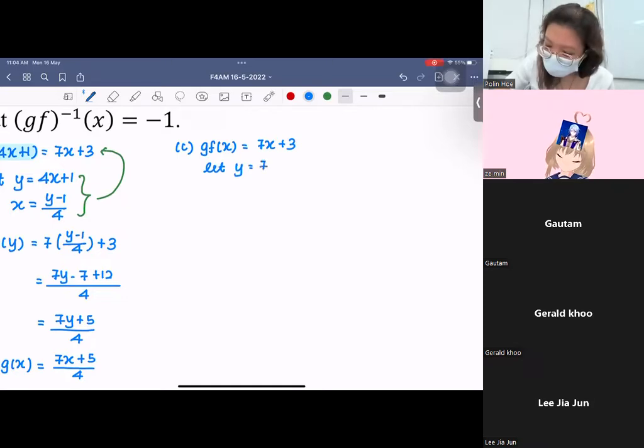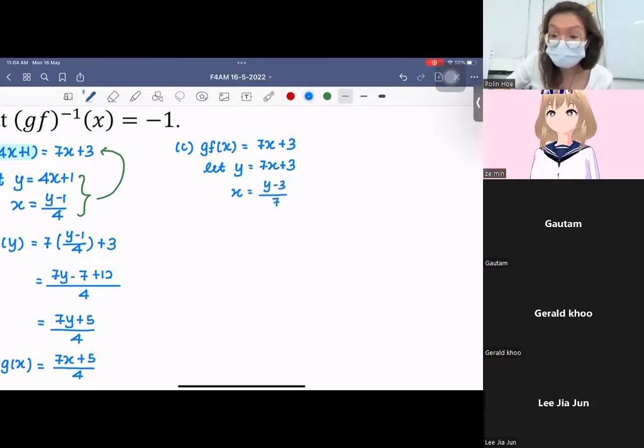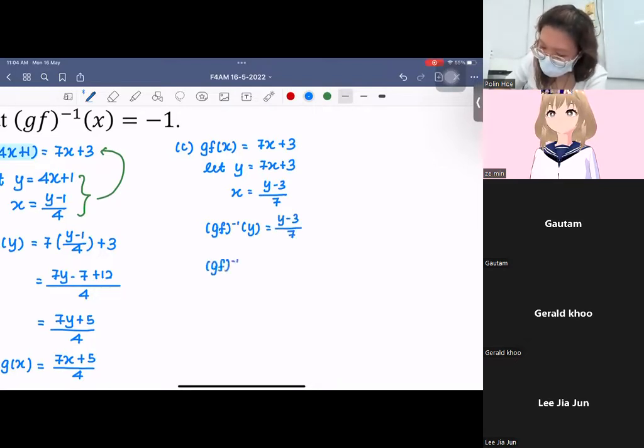Let y equals 7x plus 3. x equals y minus 3 over 7. And this is my (gf) inverse y. After that, (gf) inverse x equals x minus 3 over 7.